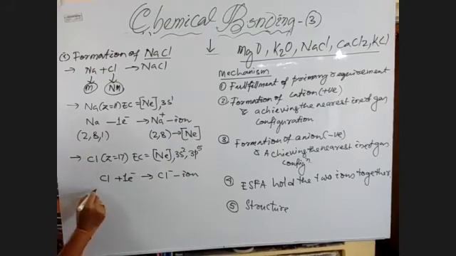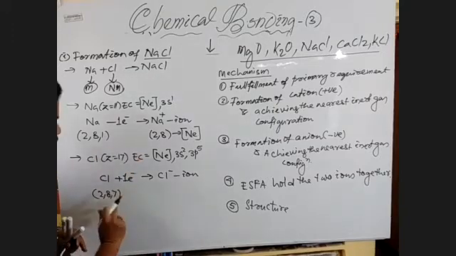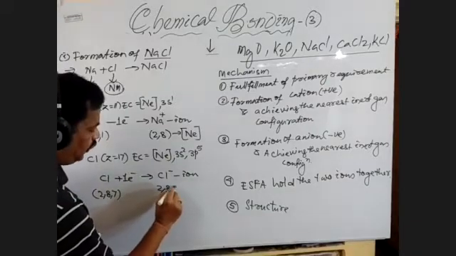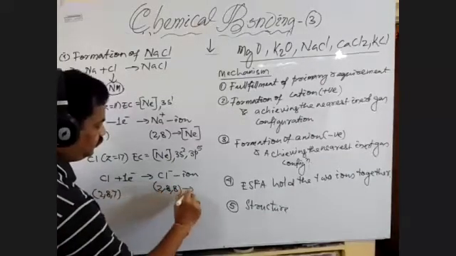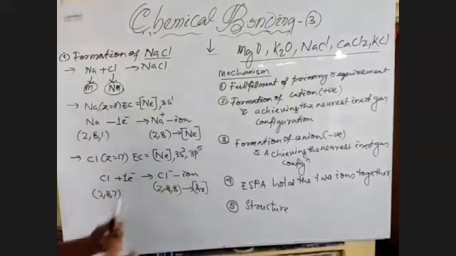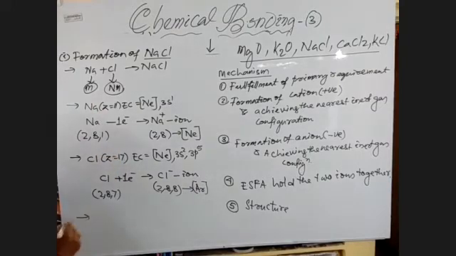So the initial configuration of chlorine is 2, 8, 7. So it is short of one electron. When it gains one electron, the configuration becomes 2, 8, 8, which is the nearest inert gas configuration of argon. So now the Cl- ion is more stable than chlorine, achieving the nearest inert gas configuration. Then what will happen here?